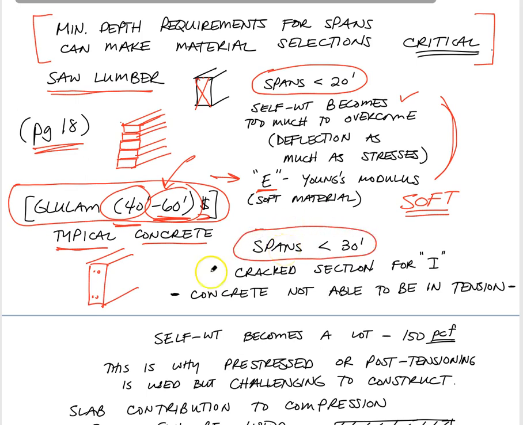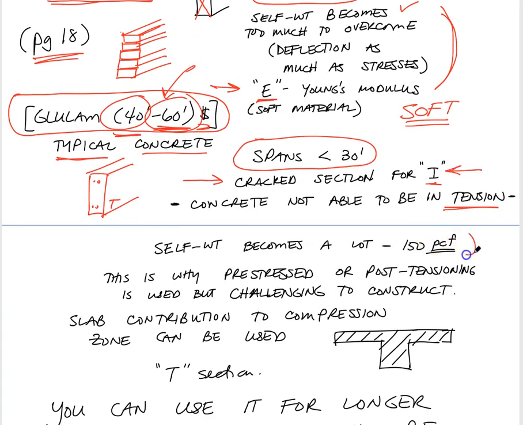Generally, this is going to be built on site, but you're dealing with moment of inertia issues because you end up with what's called a cracked section. That's why the reinforcement is down in the tension zone, and the concrete itself can't be in tension at all. And from a practical point of view, with concrete, the weight becomes a strong issue.